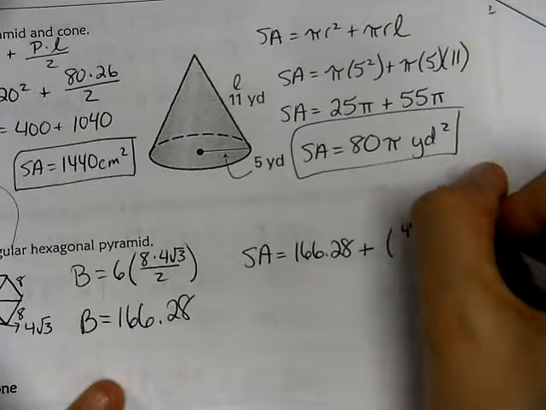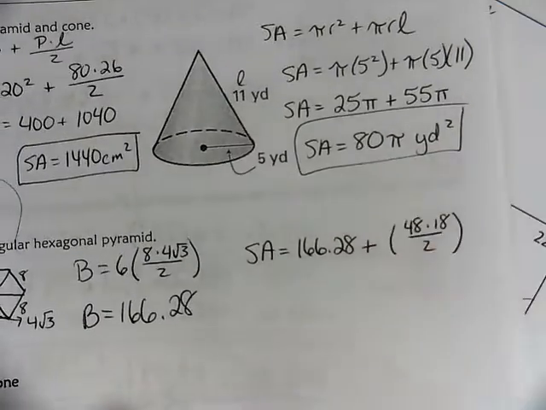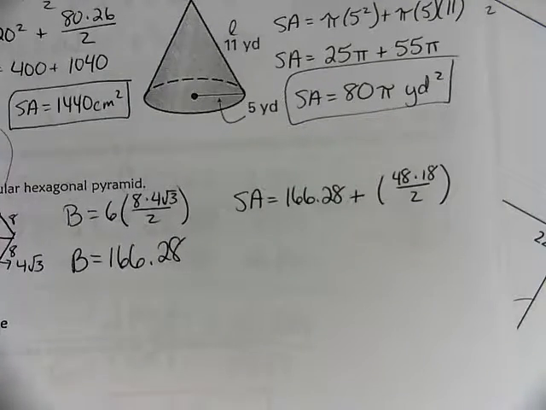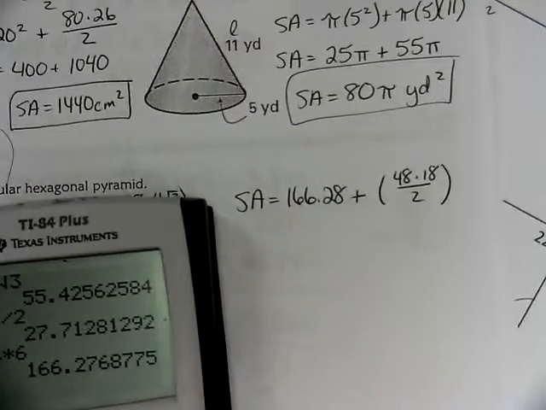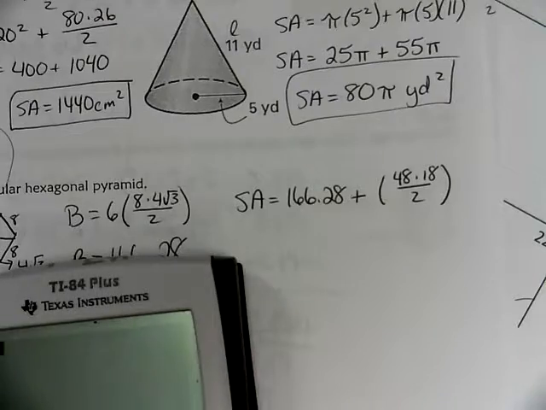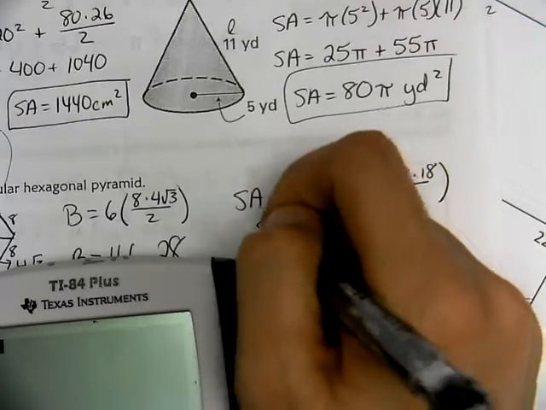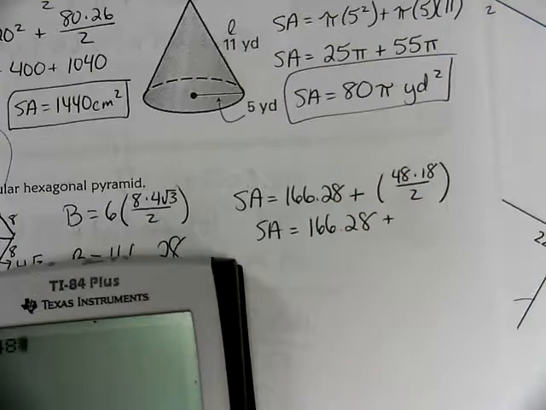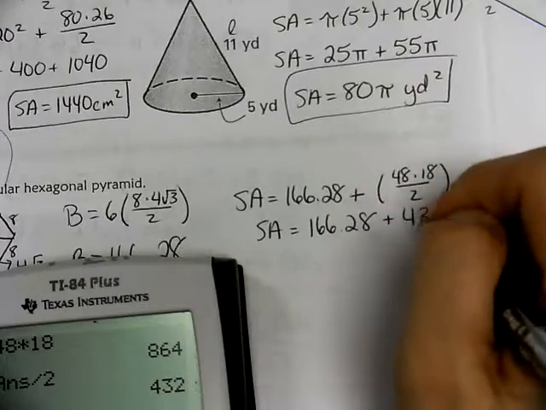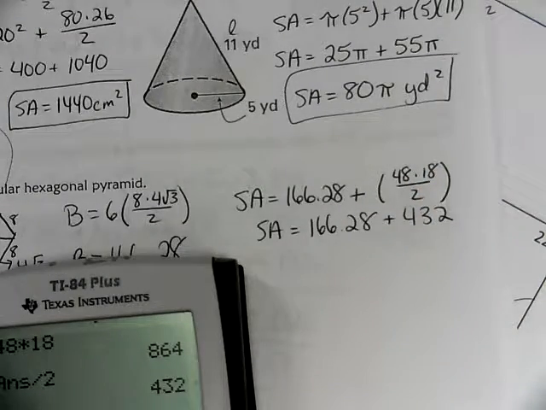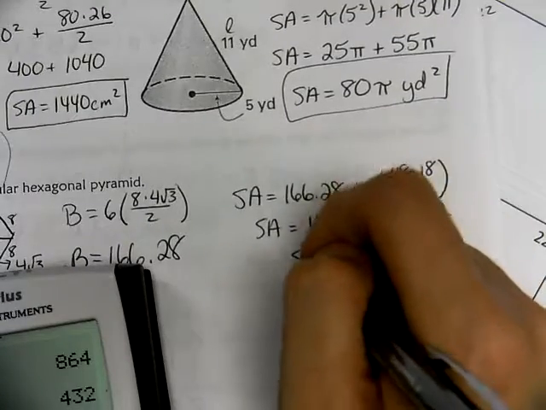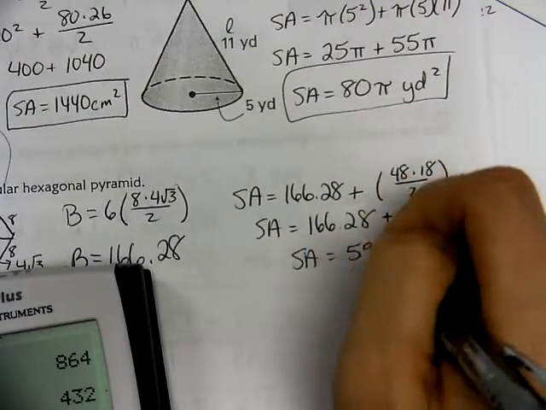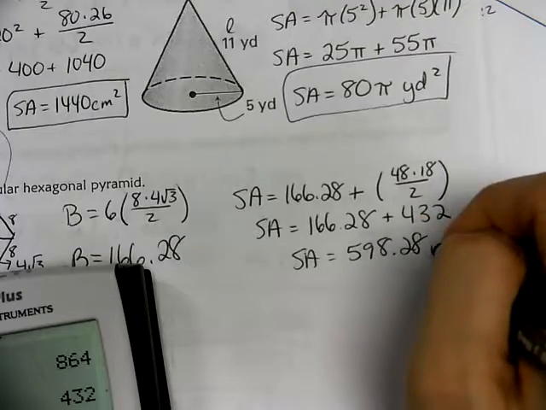Our slant height is 18 divided by 2. 48 times 18 cut in half is 432. So our total surface area is 598.28 inches squared.